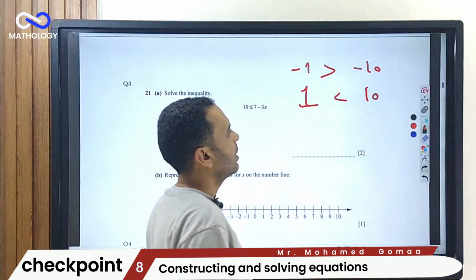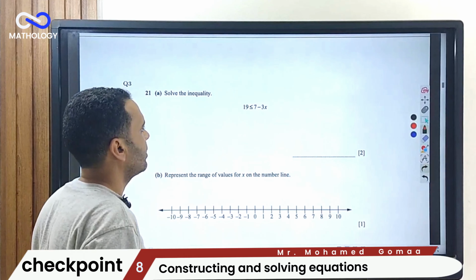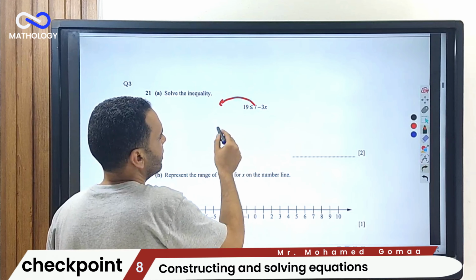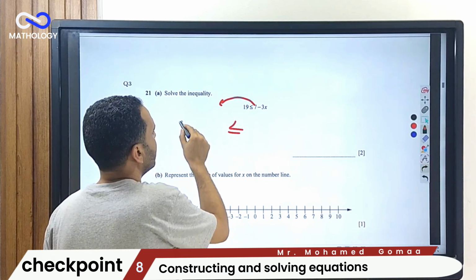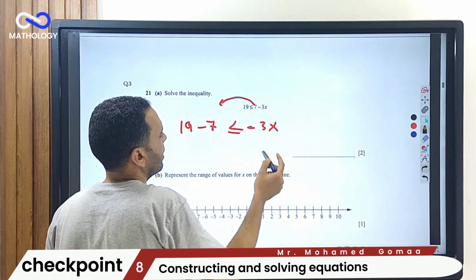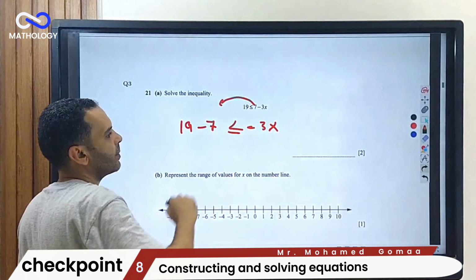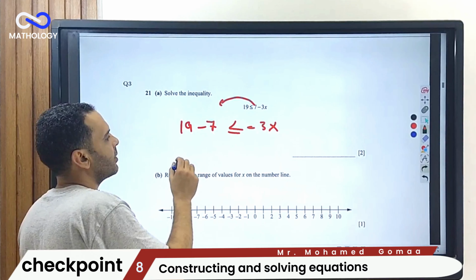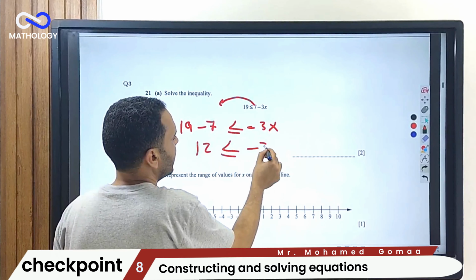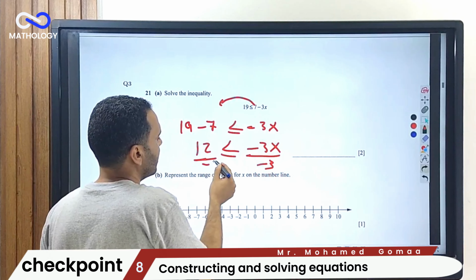Like, let's solve this one. First, transpose 7 with the opposite sign. It will be 19 minus 7. And here we have negative 3x, not 3x. Negative 3x, take the sign. 19 minus 7, it will be 12, smaller or equal to -3x. To get x, you have to cancel -3 from this side.